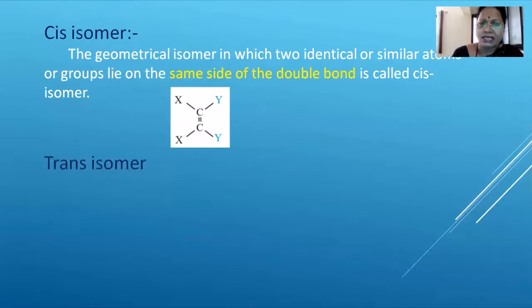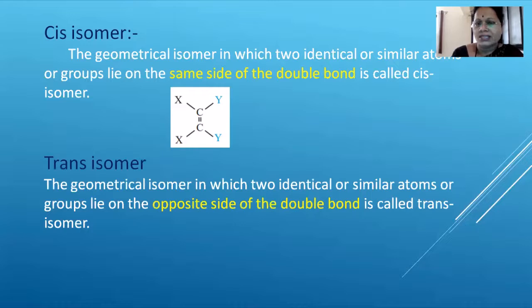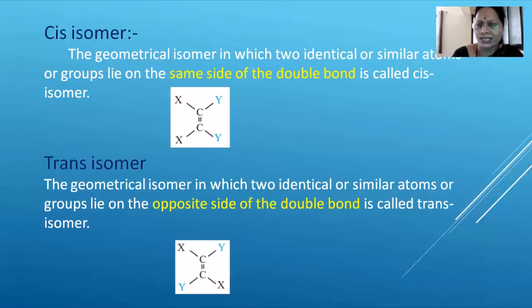Then the trans isomer. Instead of the same side, when they are present on opposite sides of the carbon-carbon double bond, it is called trans isomer. See the example: in the upper example 2 similar atoms are on the same side, X, while in the second example one X is on the left and the other X is on the right. So when 2 similar or identical atoms are present on opposite sides of the carbon-carbon double bond, it is called trans isomer.